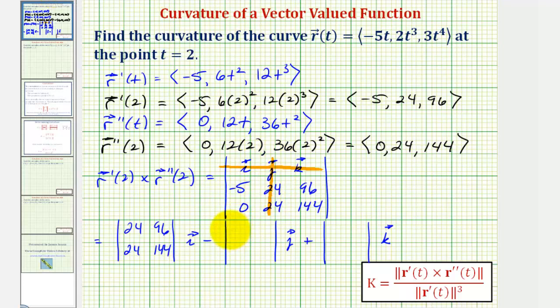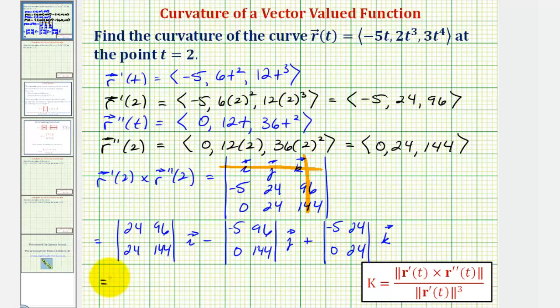So we have -5, 96, 0, and 144. And finally, for this third 2 by 2 determinant, we'll eliminate row 1, column 3. So we have -5, 24, 0, and 24.